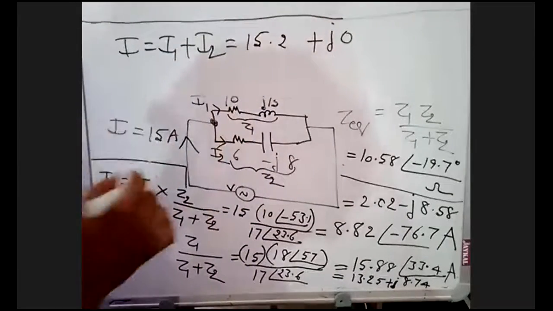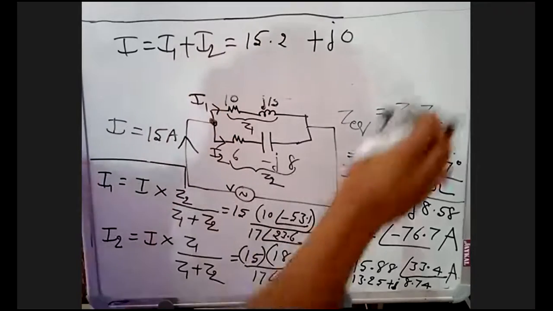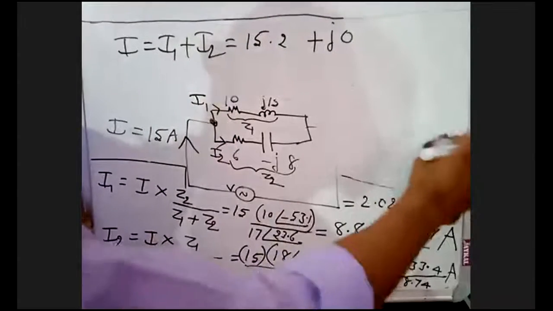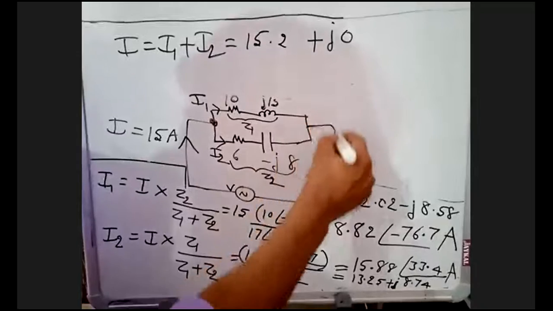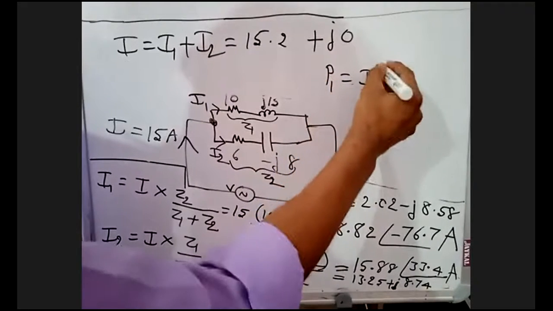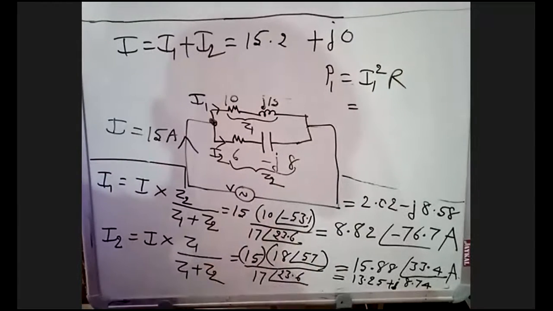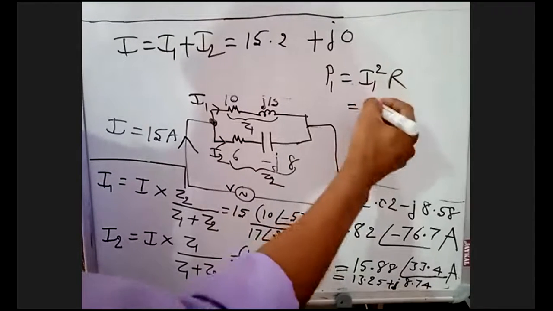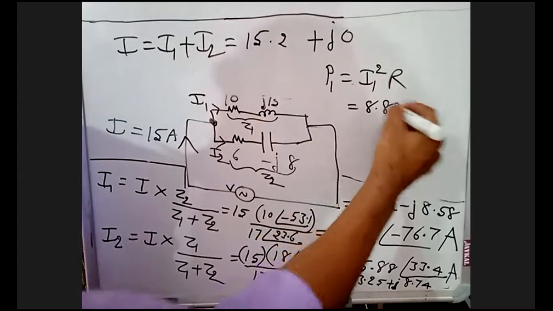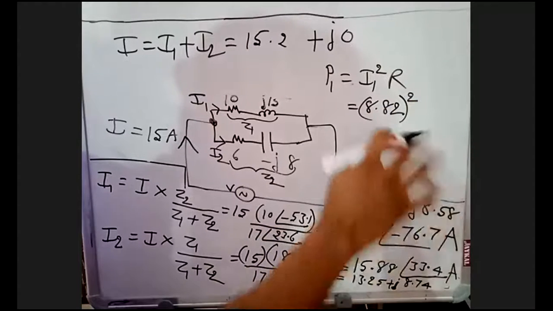Now come to P1 and P2. I am calculating P1 now. P1 is equal to I1 square into R. What is the magnitude of I1? 8.82. While calculating powers, we have to take only magnitudes, don't take the angle.